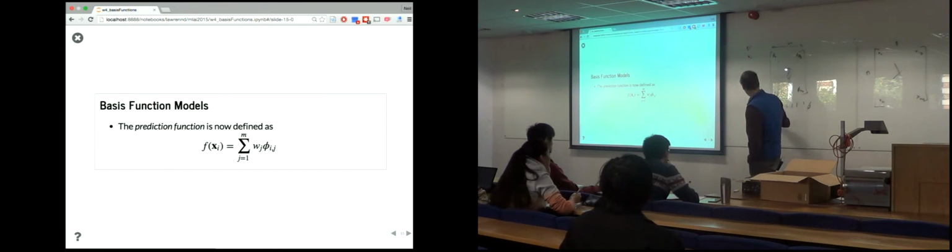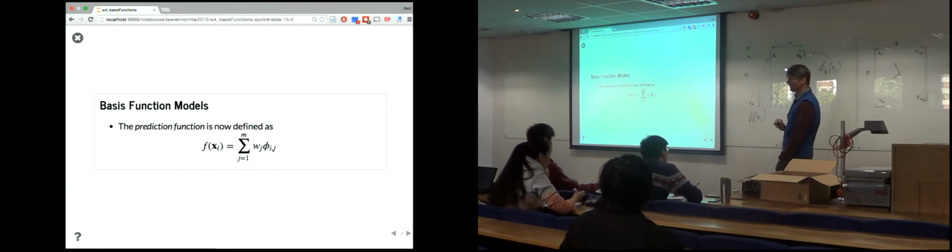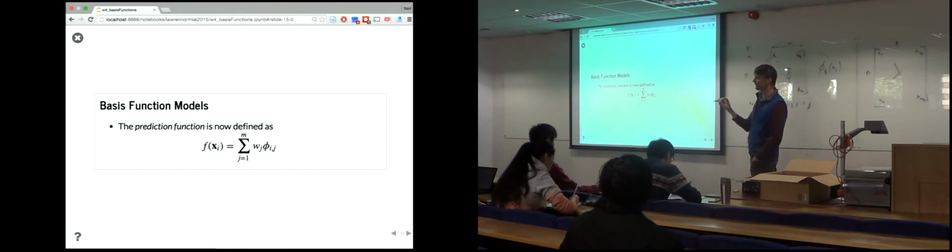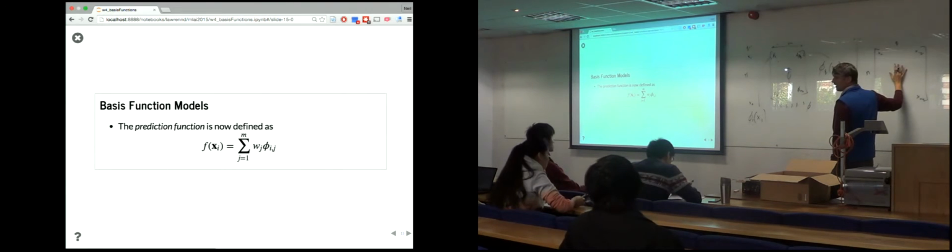So it could be phi 1. In order to get this element here, you compute phi 1 on x1, and that gives you that. To get this element here, you compute phi q on x1. That gives you that. Yeah? So the function is operating as a little machine to give you this new basis.